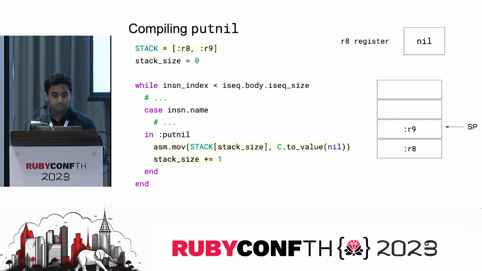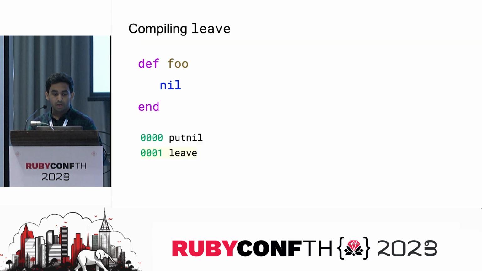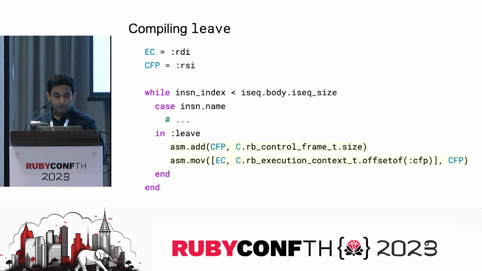Right. Now, I talked about the leave instruction where we increment our control frame pointer. To do that, there are two things that we need to do. We increment our CFP. We just add the size of a CFP to it, so we go to the next CFP.